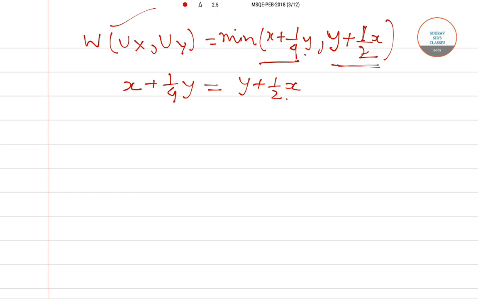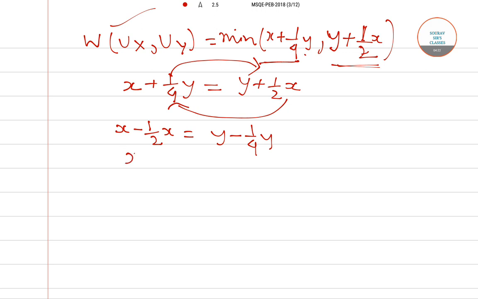Now if you take the x this side and if you take the y on the right hand side, it will become x minus half x equals to y minus 1 by 4y, which is nothing but x by 2 equals to 3 by 4y.